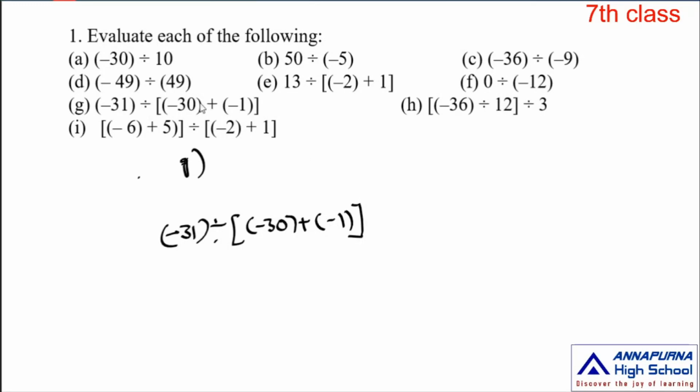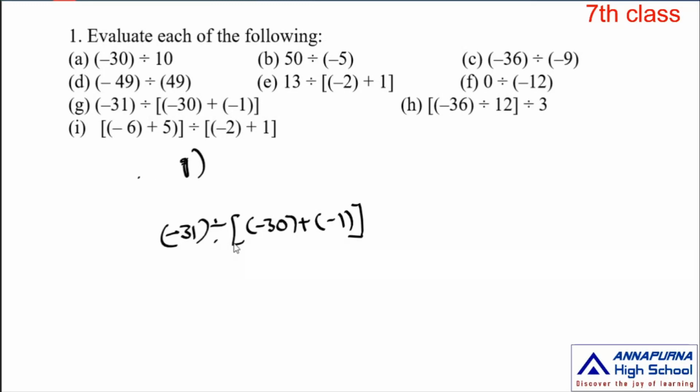If you observe these, E, G and H are similar. First you simplify the numbers within the bracket. In E, we simplified the numbers. In G also, you just simplify the numbers. In H also, first you simplify the numbers within the bracket.